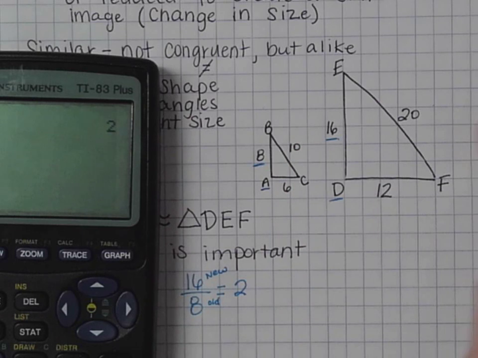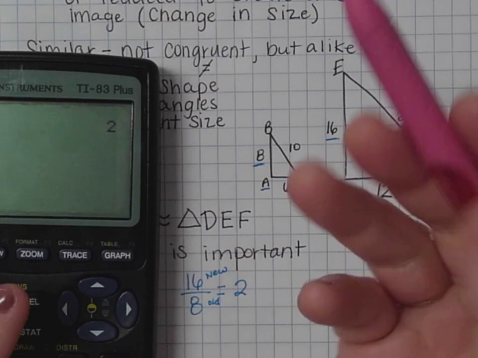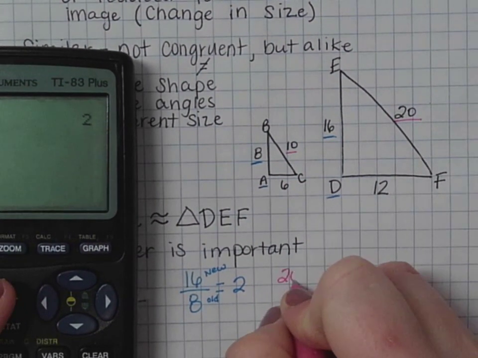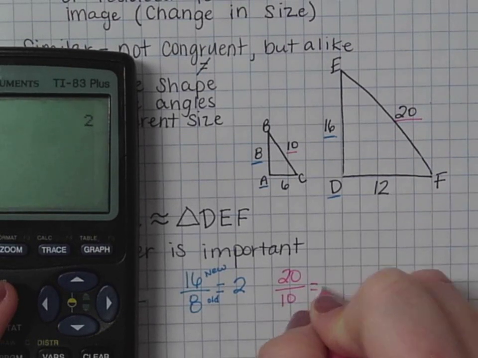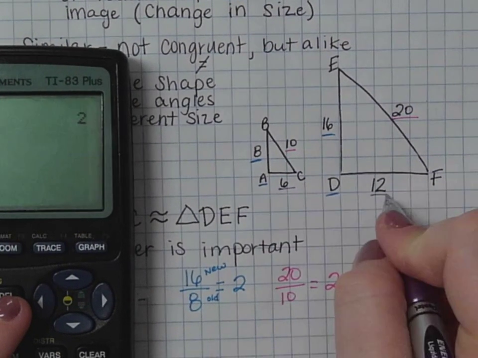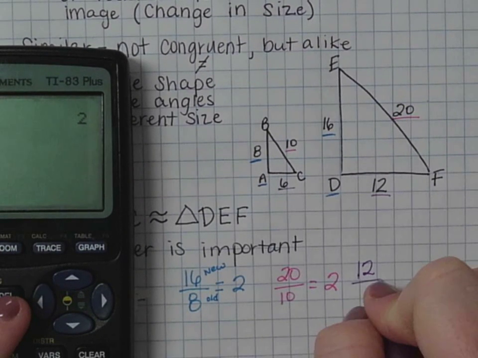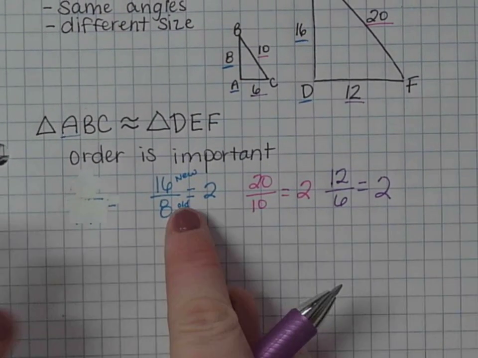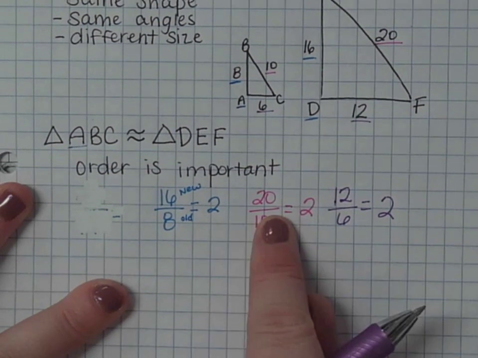Notice, let's do 20 divided by 10. That one you should be able to see pretty easily. 20 divided by 10 equals 2. And 12 divided by 6 is 2. So notice they all have to have the same ratio.